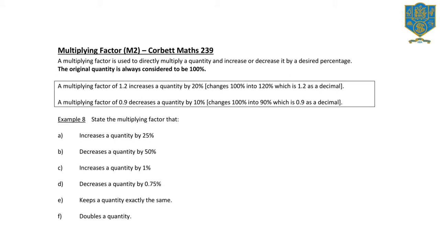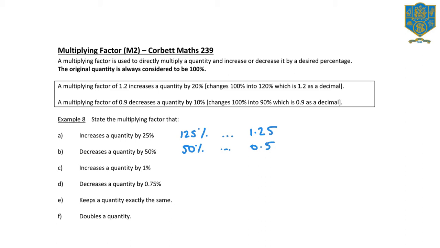So if we're increasing 100% by 25%, that goes to 125%, and as a multiplying factor, that's 1.25. To decrease by 50%, that's going to take our 100% to 50%, which as a multiplying factor is 0.5.